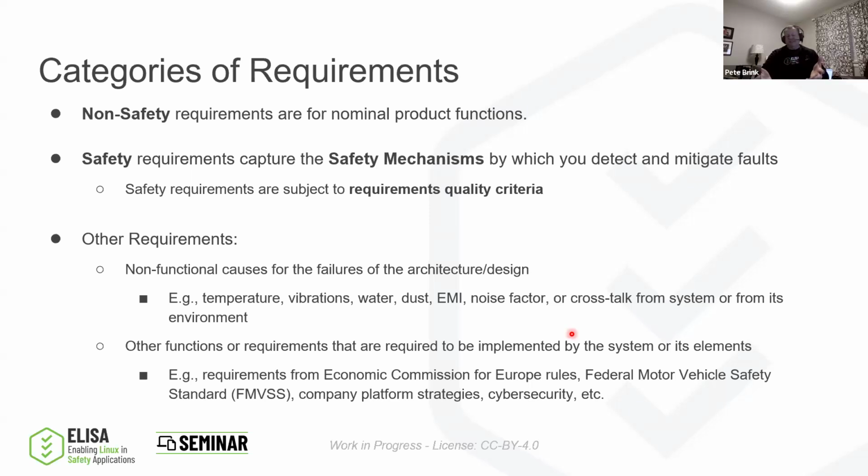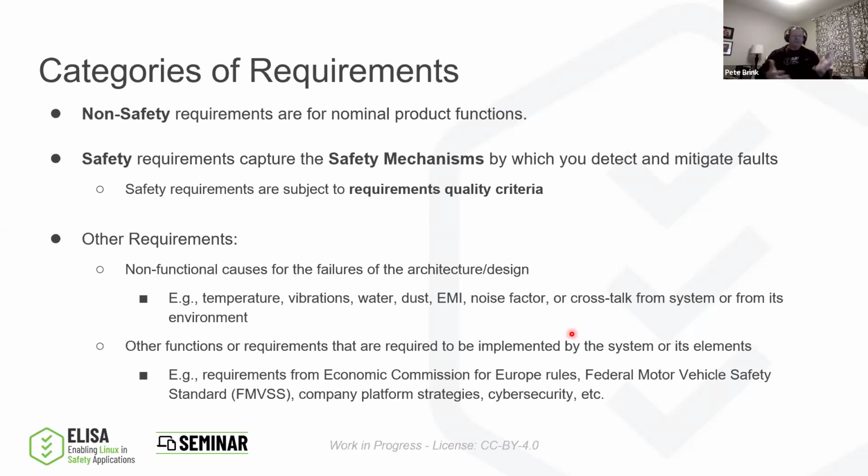And it can be something as simple as having a watchdog timer on the system that you're building. So it's not like this is some exotic solution. It's just a terminology for how we describe it. What I will say though is that when we talk about safety requirements, they still have to conform to quality criteria that we have for any requirements.